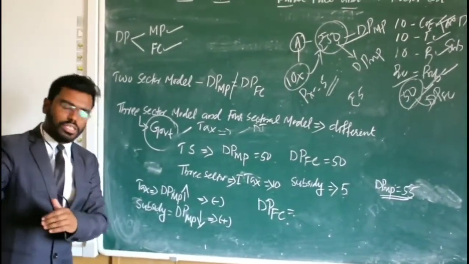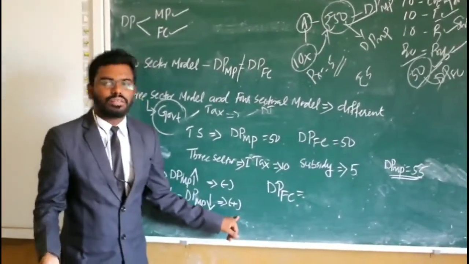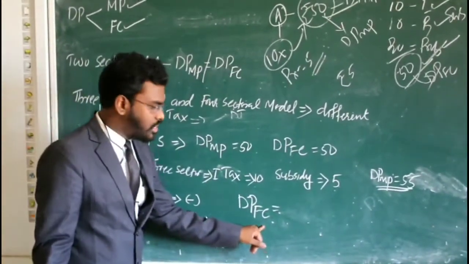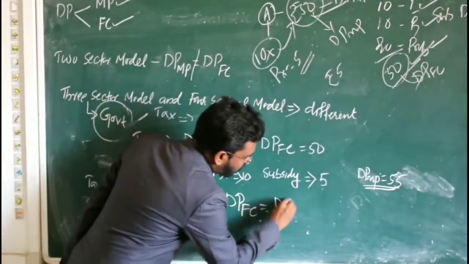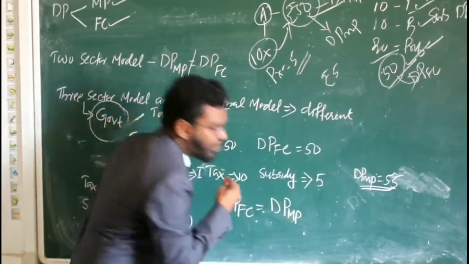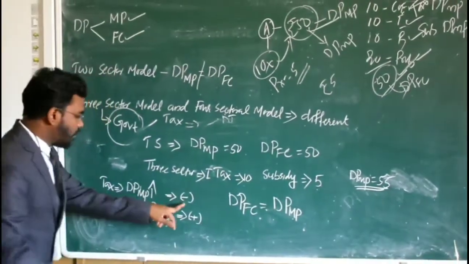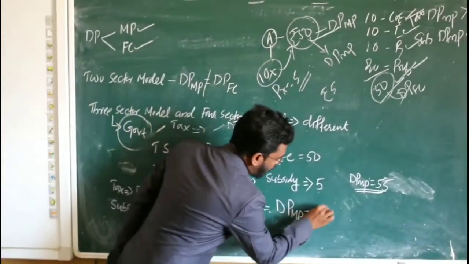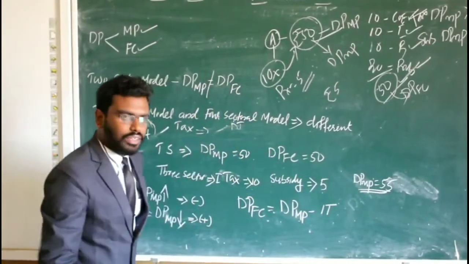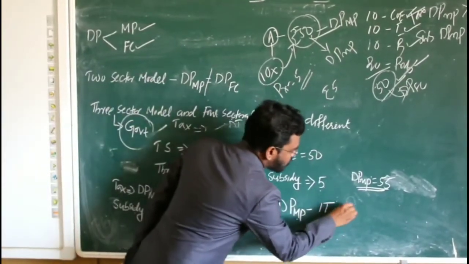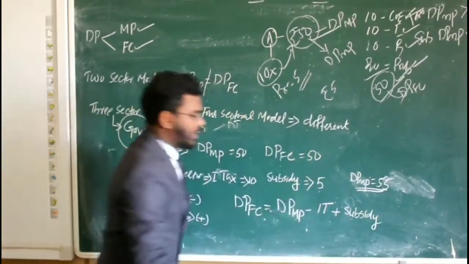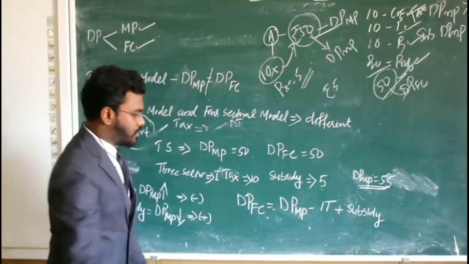So we need to increase it, so we need to add that subsidy. So domestic product at factor cost is equal to domestic product at market price minus indirect tax plus subsidy.